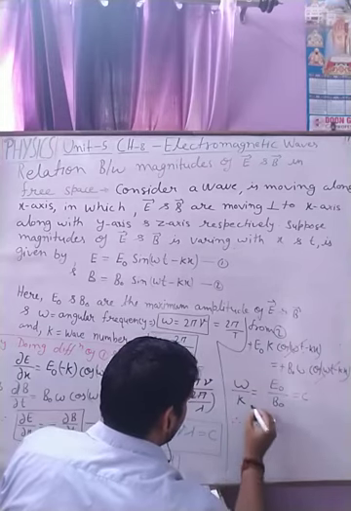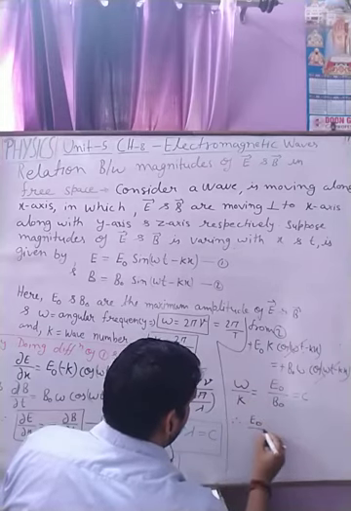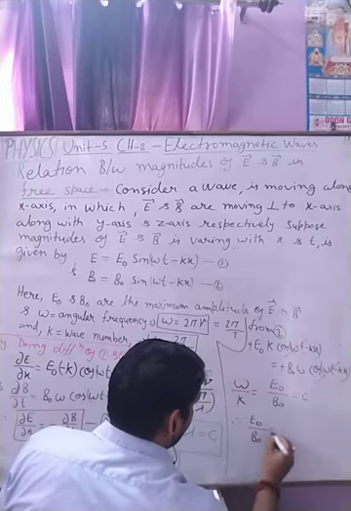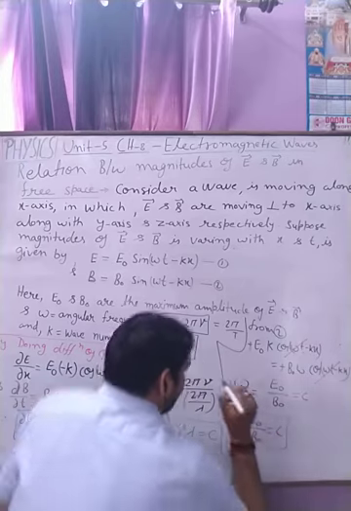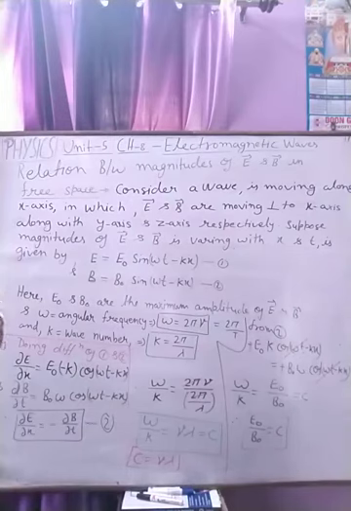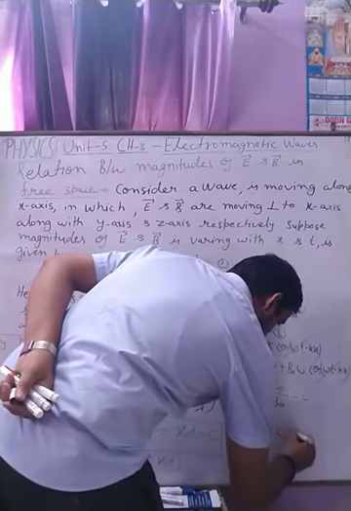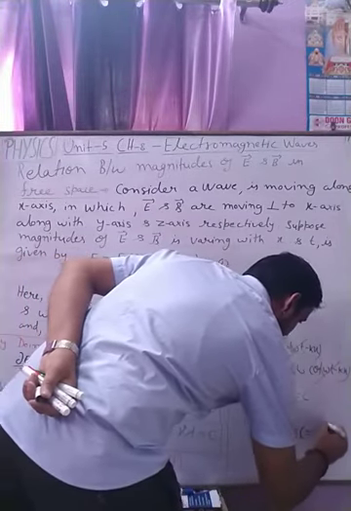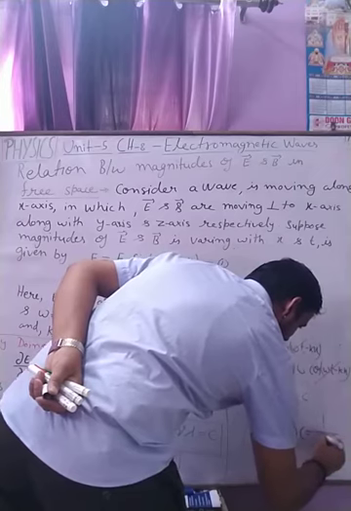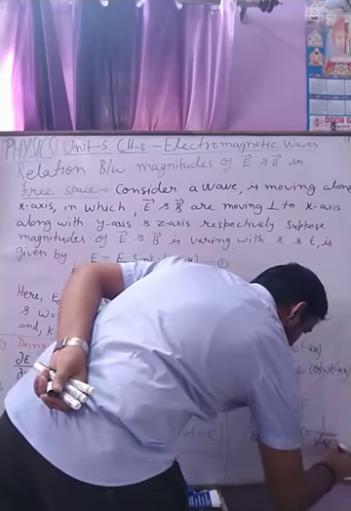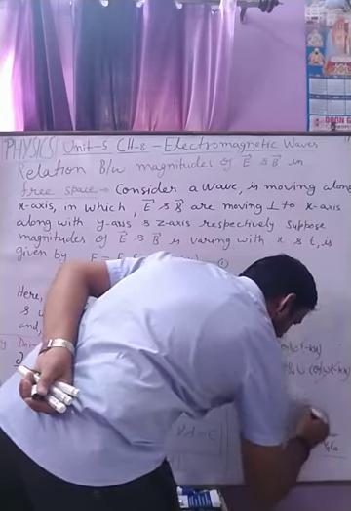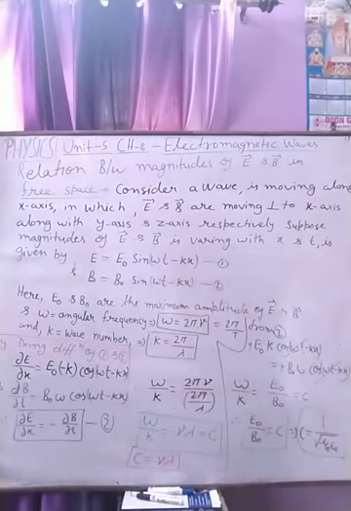Therefore, E naught upon B naught equal to c. This is the relation between the speed of light and this. And this we calculate also here, that the speed of light is given by under root of mu naught upon epsilon naught. Okay, so copy all these points in the electromagnetic wave in space.